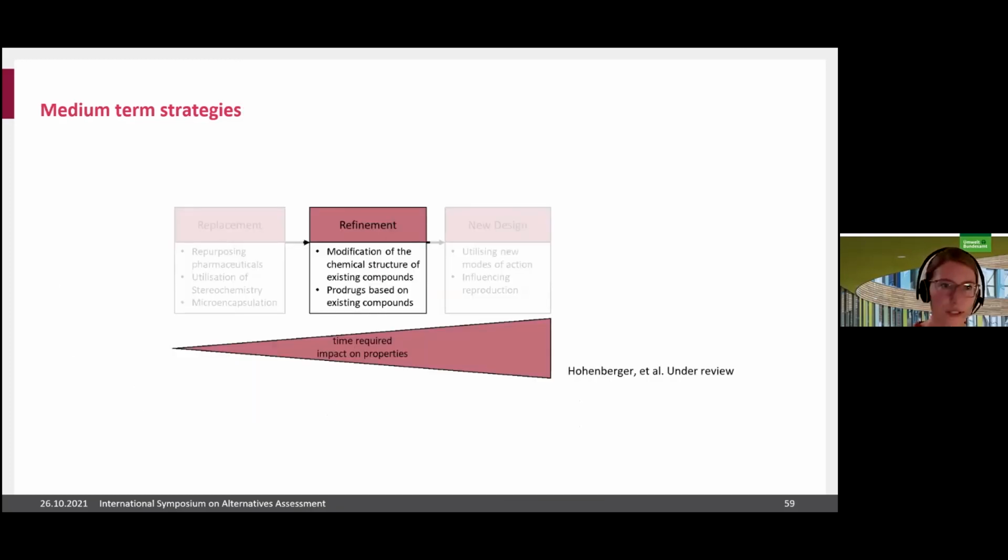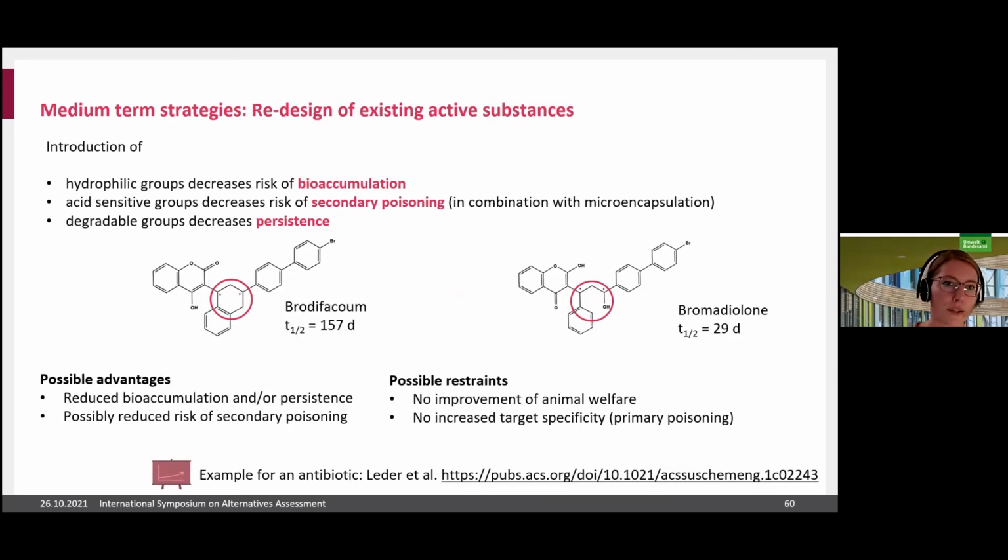So on the medium-term strategies, we're looking at a redesign of existing active substances by introducing specific groups that can interfere with the properties. And we can see this in brodifacoum and bromadiolone, two anticoagulant rodenticides, where a ring opening has a tremendous effect on degradability already.